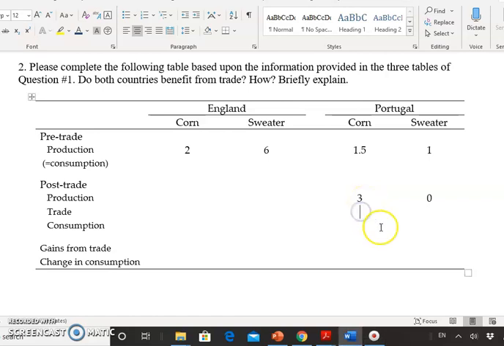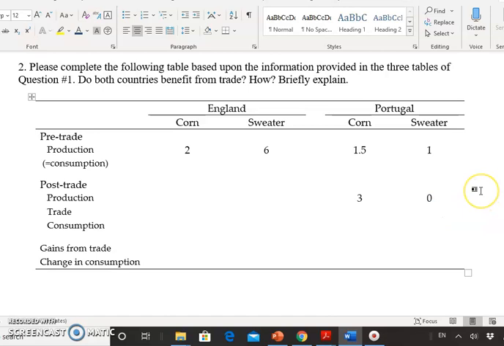That means it gets more, so it can export, right? And here we also find that it produced 1 sweater without trade. Now it spends all resources in corn production, so it produces 0 sweaters, right?